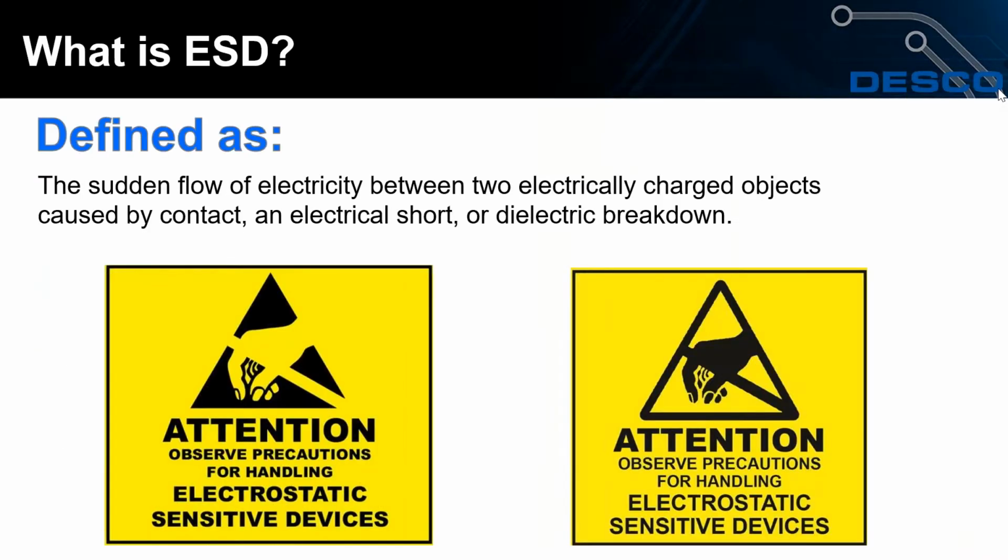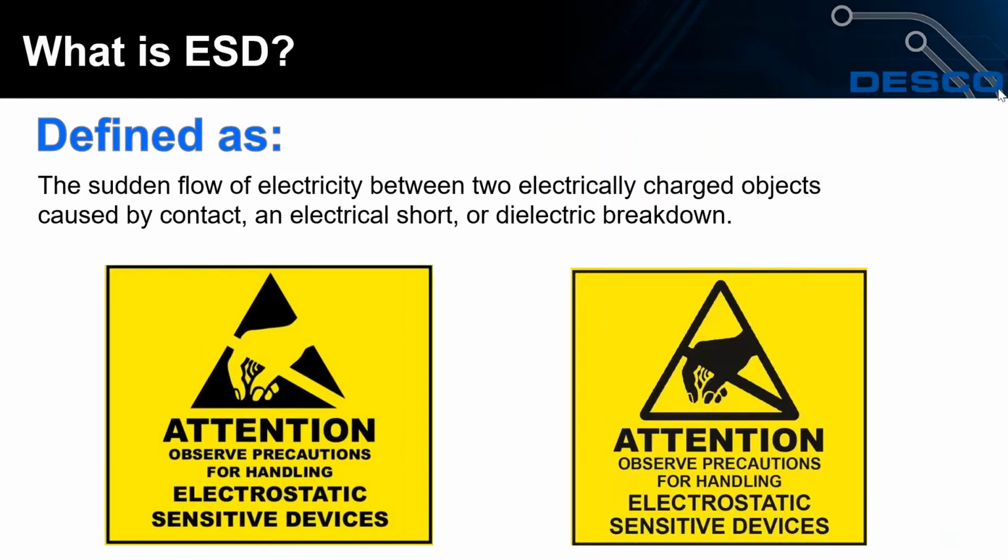Okay. So what is ESD? It's defined as a sudden flow of electricity between two electrically charged objects caused by contact, an electrical short, or a dielectric breakdown. Basically, that's when a conductive object and a charged object come into contact with each other, and that's when we have ESD.